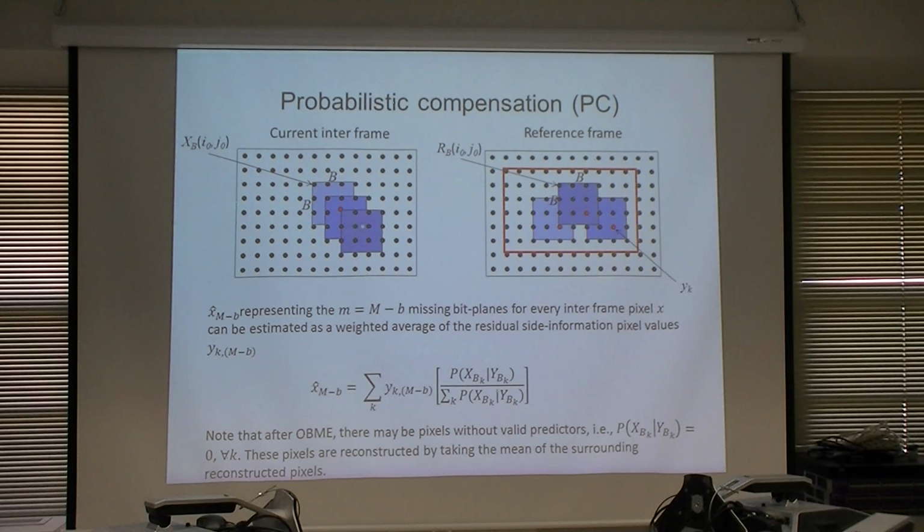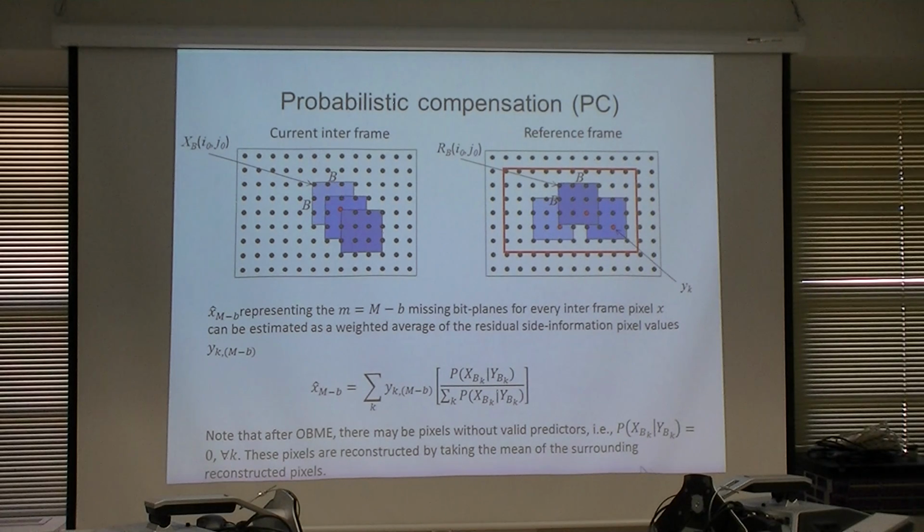Because this block only contains the B significant bitline information, and the block in the reference frame also contains the B significant bitline information. So they just take the bit error rate of the B most significant bitline.